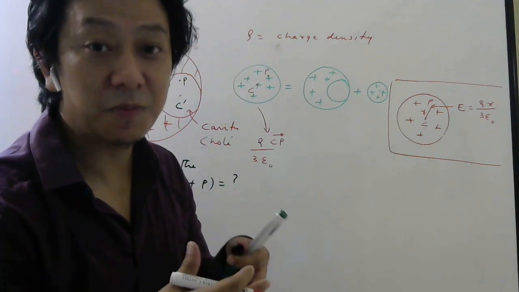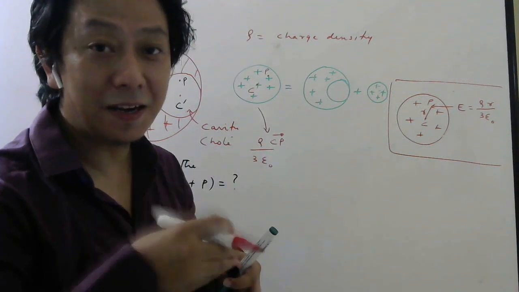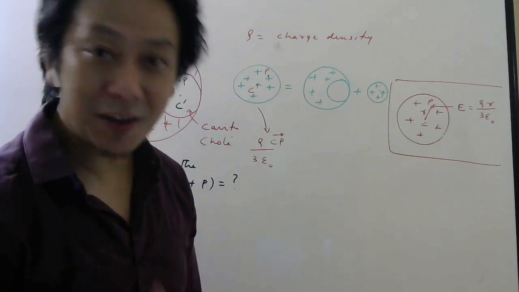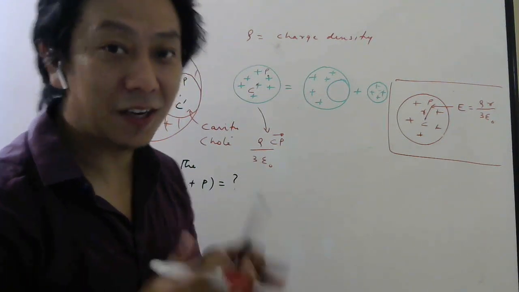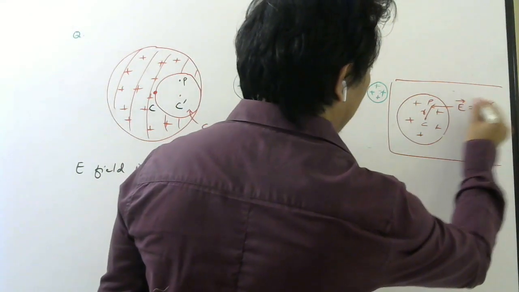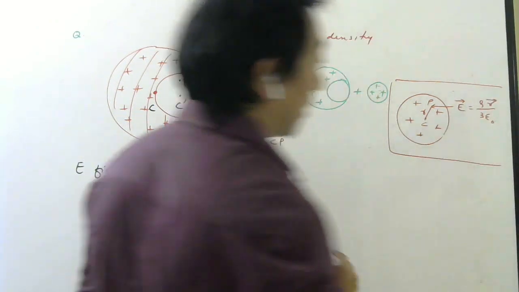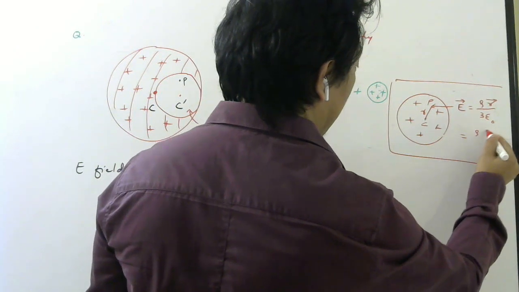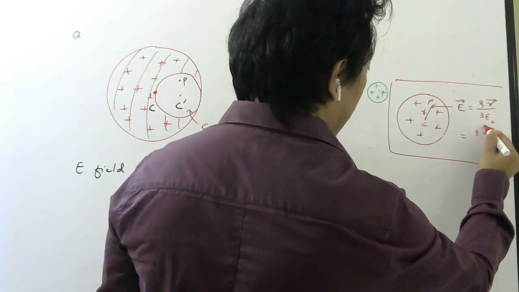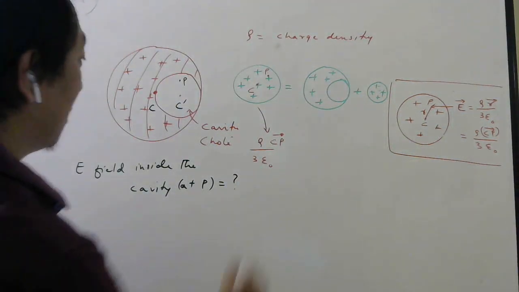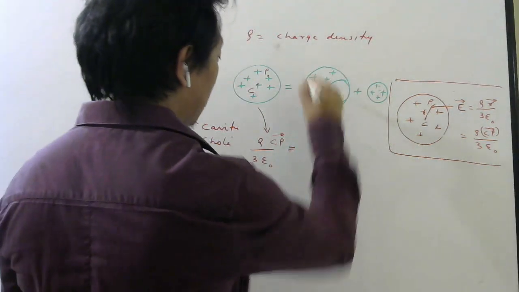Remember, the superposition principle says you have to add the electric field due to each charge vectorially, because electric field is a vector quantity. So r bar is nothing but the C to P vector, so I can write rho times CP vector by 3 epsilon naught. Understood? That will be the electric field due to this, which we don't know.